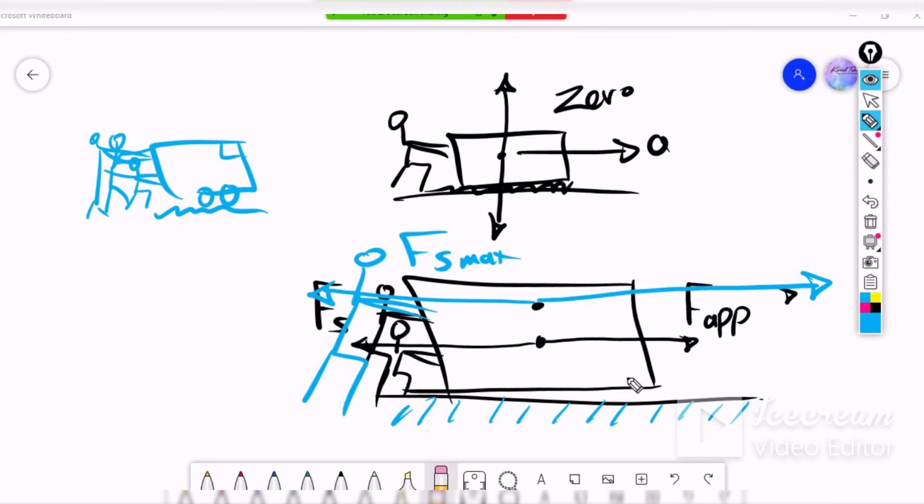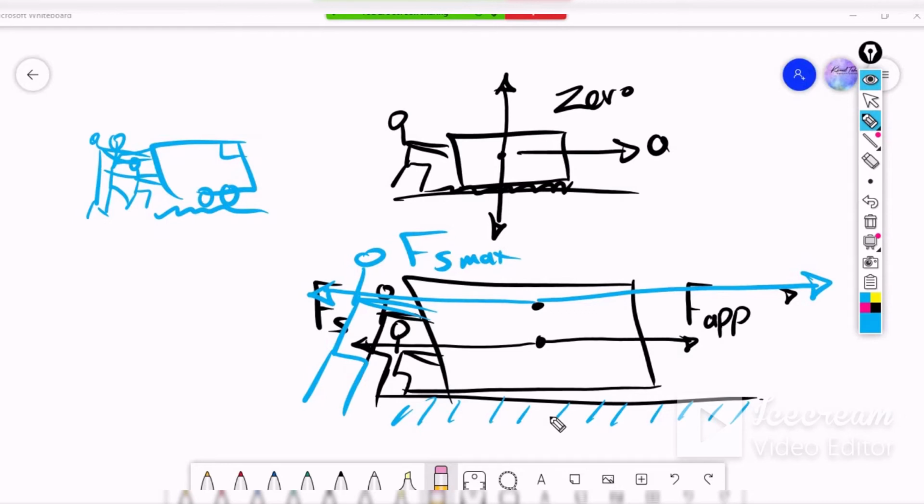But on the other hand, the kinetic friction will be different. Okay, what about the kinetic friction? Kinetic friction will happen when the object moves. Now the object moves, and we still have friction exerted on this object, but the kinetic friction will be less than the static friction.